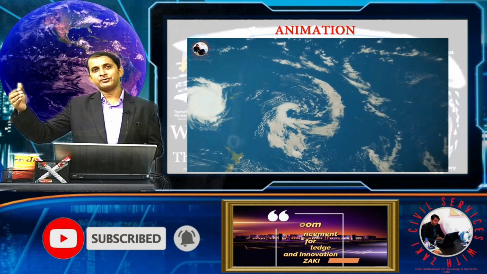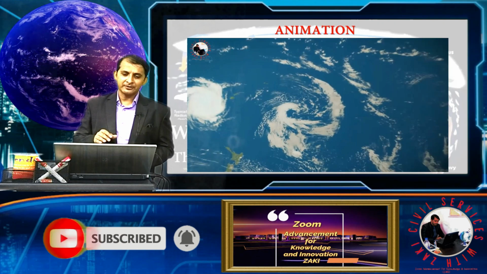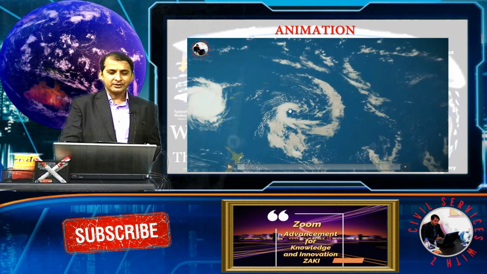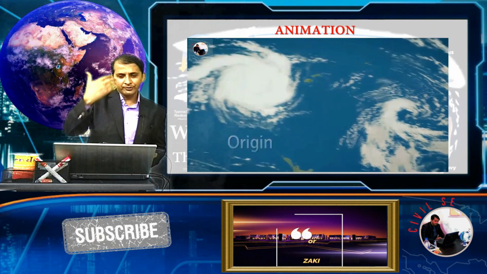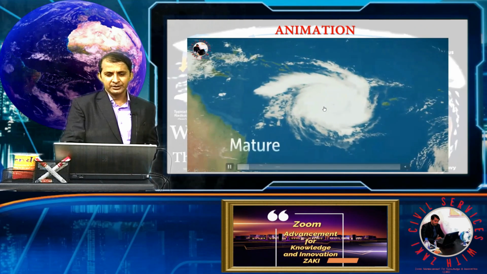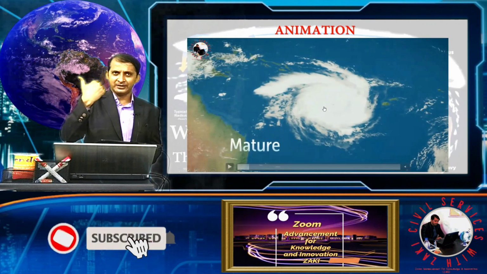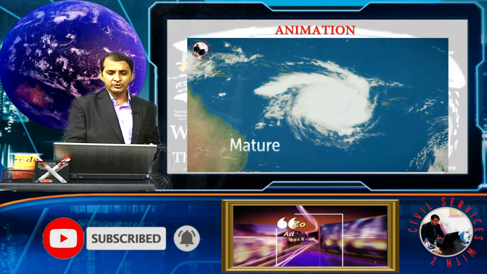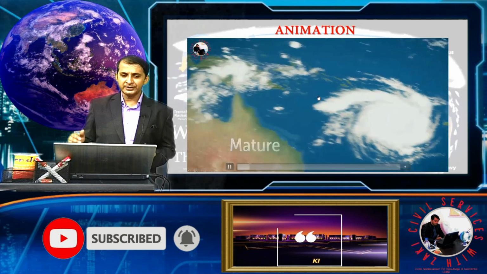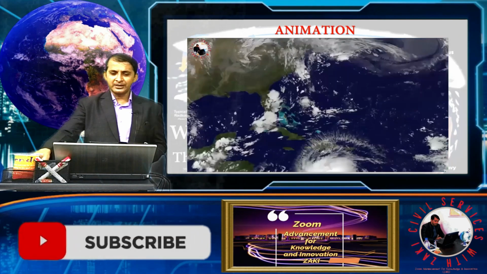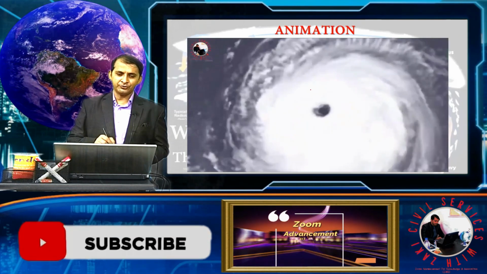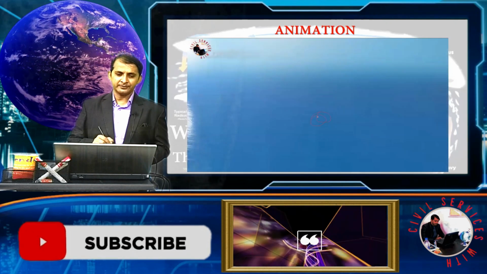After origin, they move into the mature stage. After the mature stage, finally they make landfall and dissipate. This is the third stage, called dissipation. Here the eye is clearly seen.